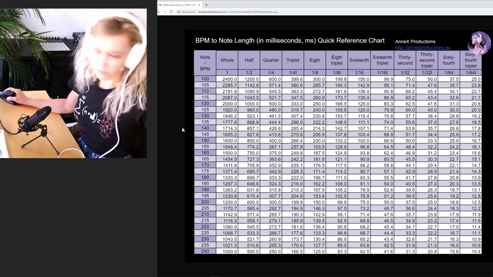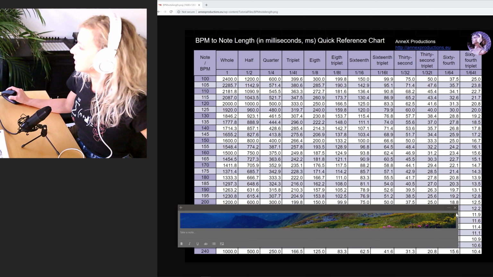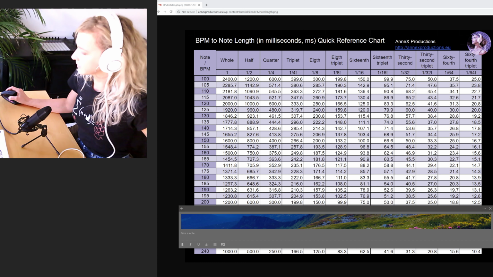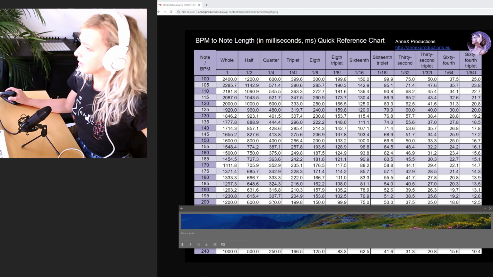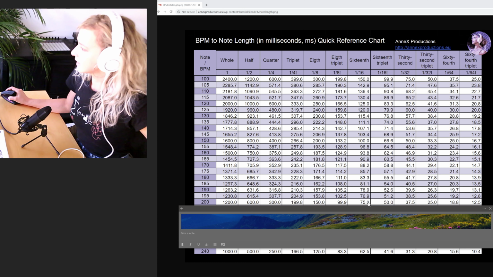So that's the reason why we see this trend like we do, and when you understand that, it makes a lot more sense. So if we're working at 200 beats per minute, we just saw a quarter note is 300 milliseconds. If we want to go to an eighth note, it's half of that, so it's 150 milliseconds. Half of that is a 16th note, and it's 75 milliseconds.